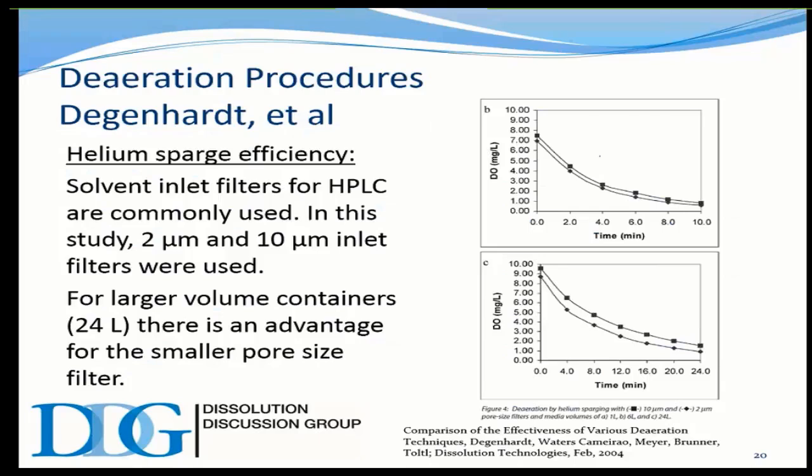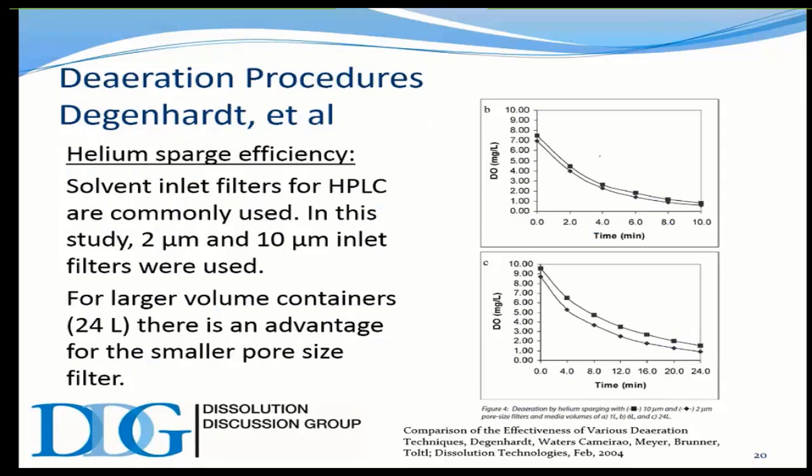Moving on to efficiency, one of the big things that helps with the efficiency of helium sparging is using what people typically use, the HPLC solvent inlet filters. These are generally a metallic frit that can be weighted and more or less screens or filters media before it moves into a chromatography system.